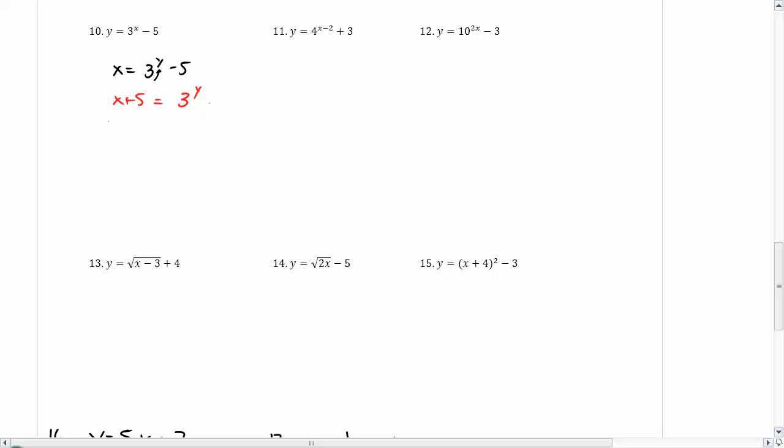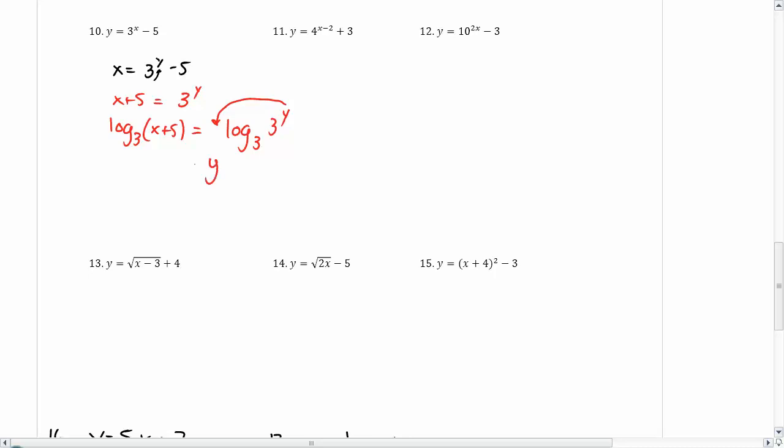So what I want to do is log base 3 of x plus 5 equals log base 3 of 3 to the y. Okay, so this exponent can come down.